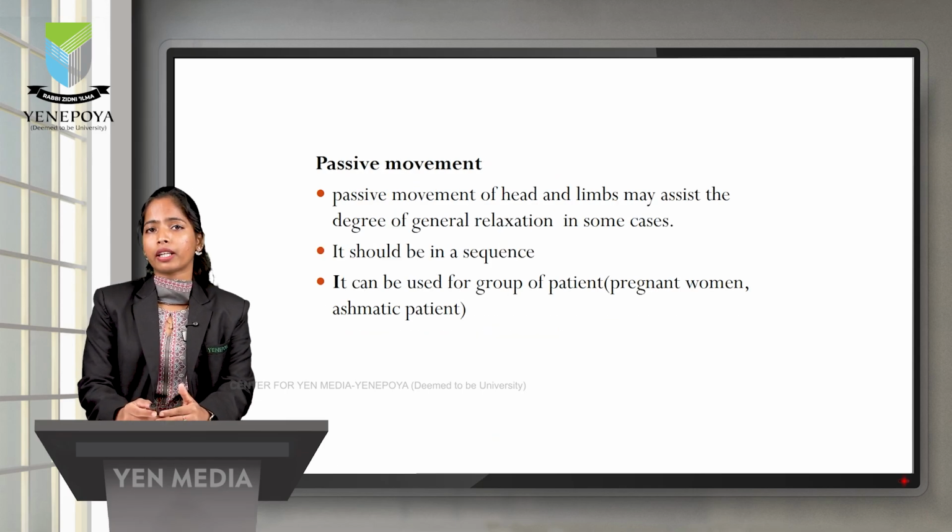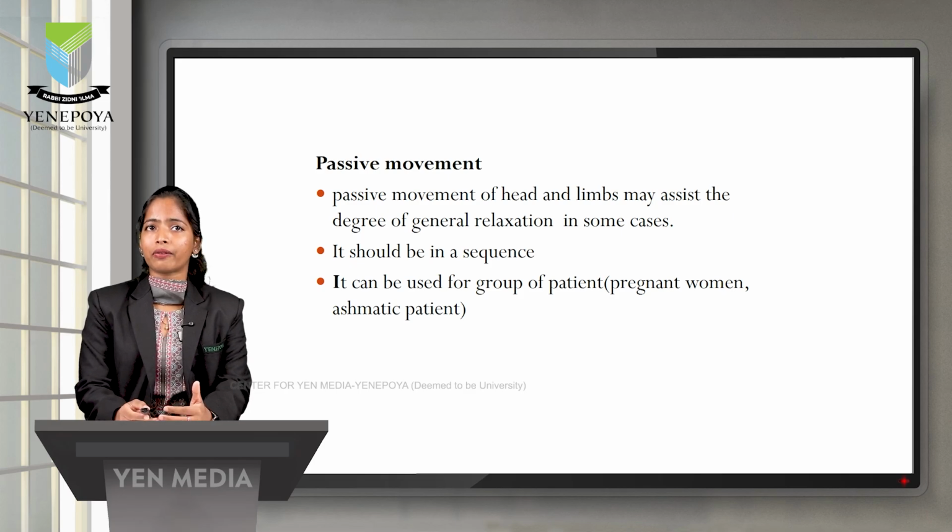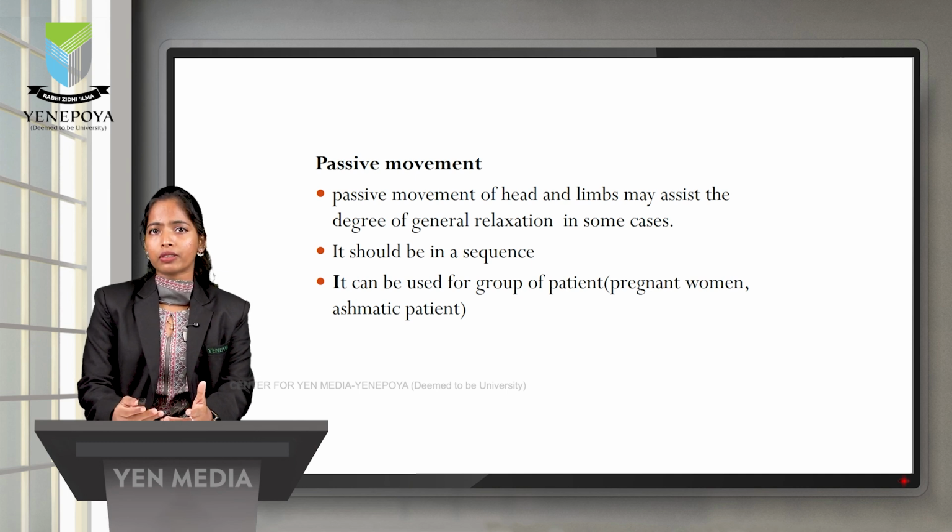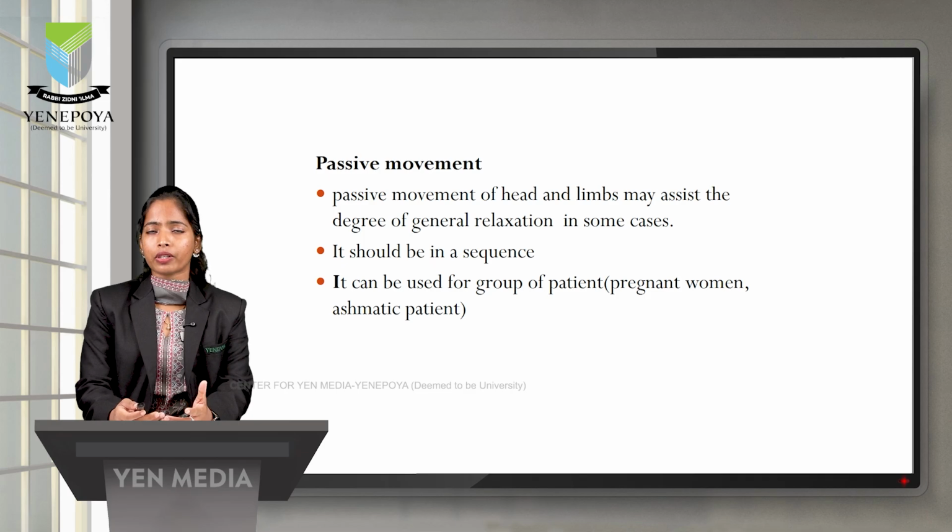There is one more technique which can be used for relaxation, that is passive movement. Passive movement of the head and limbs may assist the degree of relaxation in some cases, and it should be sequenced one by one. It can be given for groups of patients like pregnant women and asthmatic patients. When you are giving the passive movement, it should follow a sequence. You can do the larger muscle groups, otherwise larger big joints, at once.